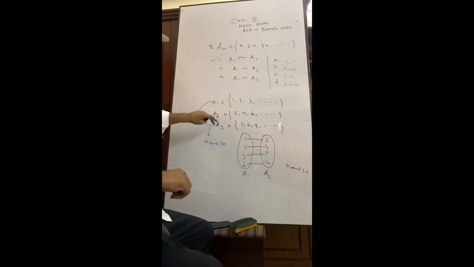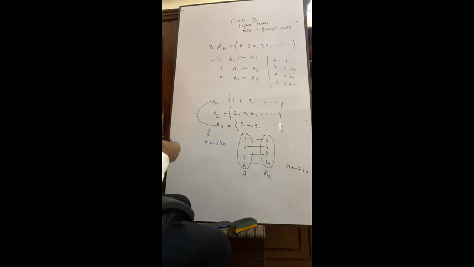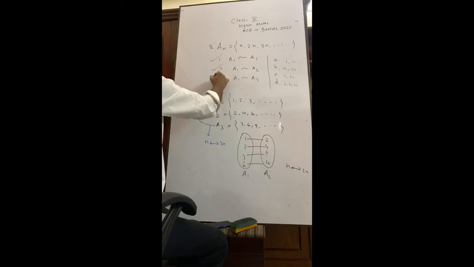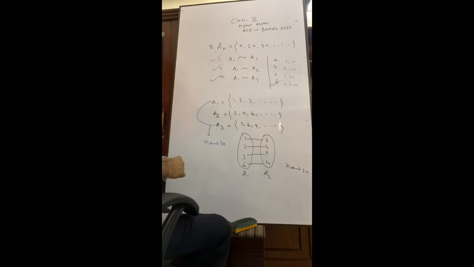Similarly for A2, if we multiply A1 by 2, we get 2, 4, 6. All of them are one-to-one correspondence. So this is also right and this is also right. So our answer is option D.